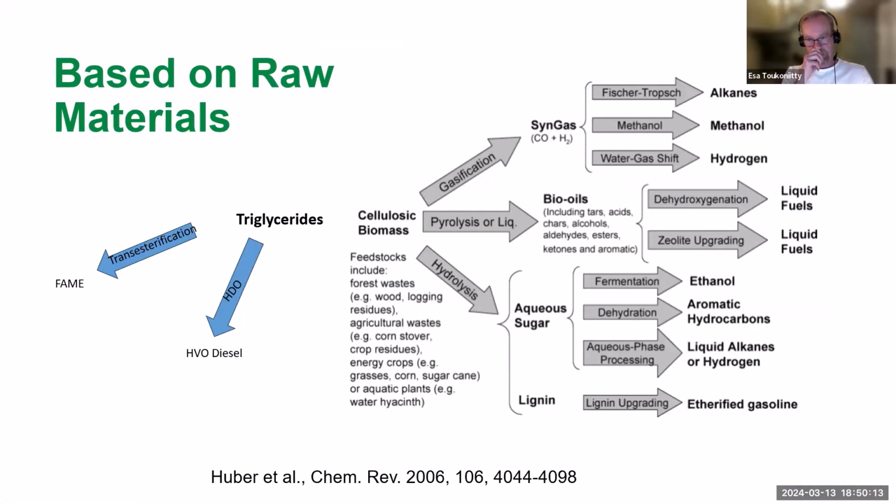Then you can approach and categorize these processes in a different way. So here it's based on the raw materials. These graphs you have more or less already seen, but the raw materials coming from cellulosic biomass, those can be gasified.